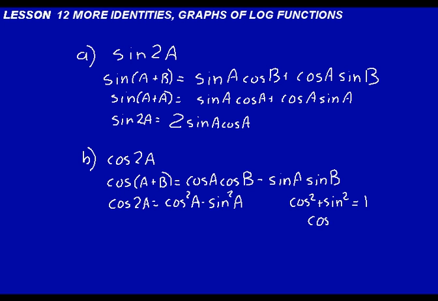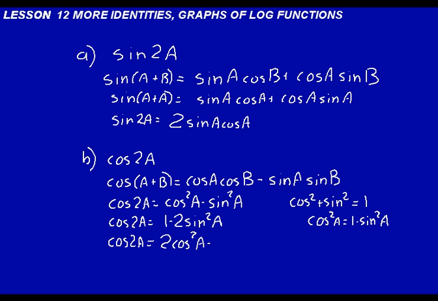If we said cosine squared A equals 1 minus sine squared A, we could substitute that in, and cosine 2A is equal to 1 minus 2 sine squared A. Likewise, if we said sine squared equaled 1 minus cosine squared, we'd end up with cosine 2A equal to 2 cosine squared A minus 1.